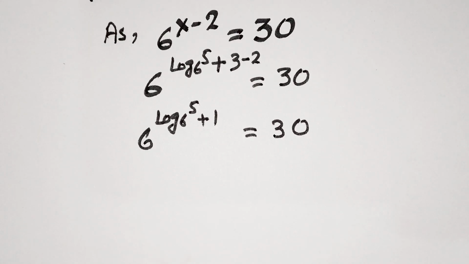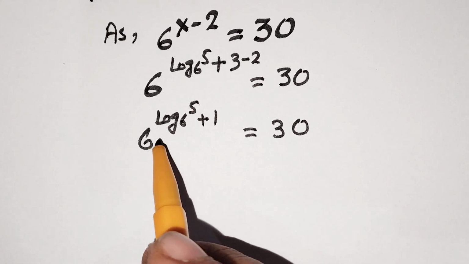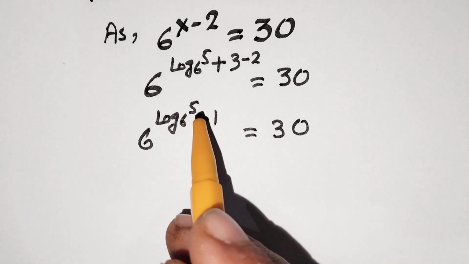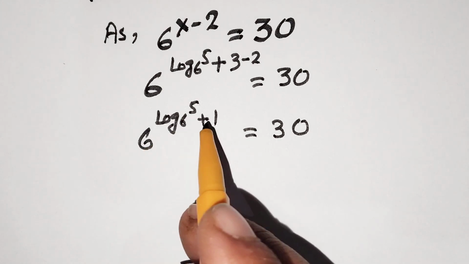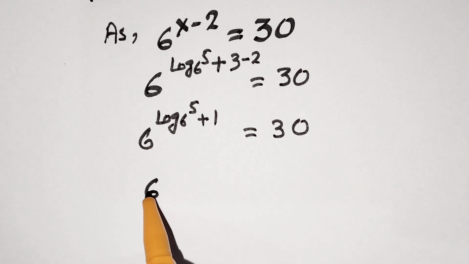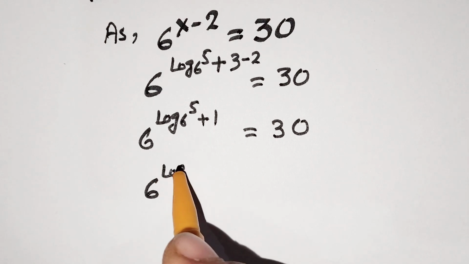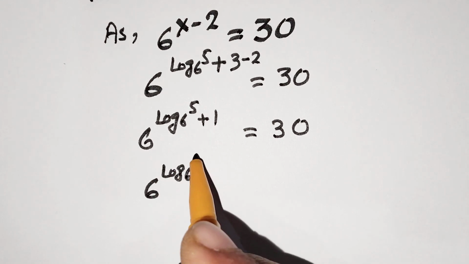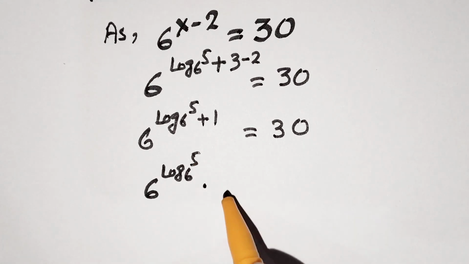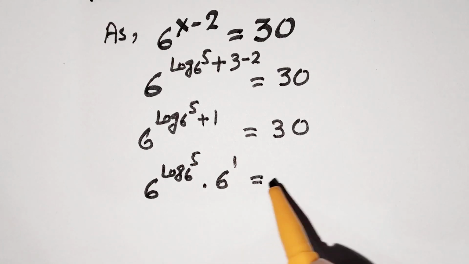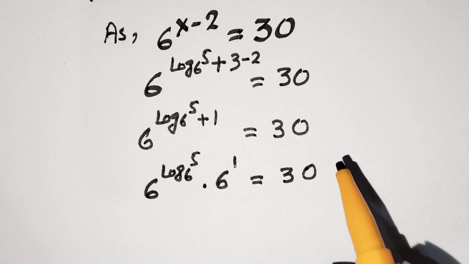We can split it as 6 raised to the power log base 6 of 5 times 6 raised to the power 1, equal to 30.